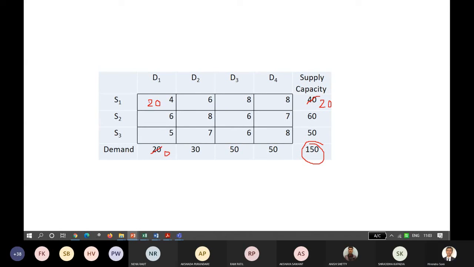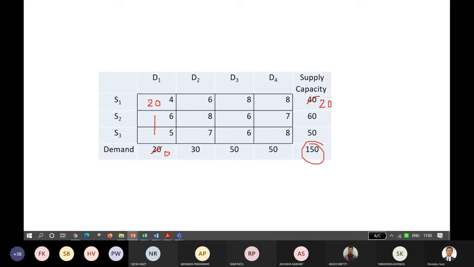Correct? Now the supply capacity of S1 will be only 20. Is everybody able to follow? Yes, sir. Since we have made that allocation, no further allocations would be possible here.